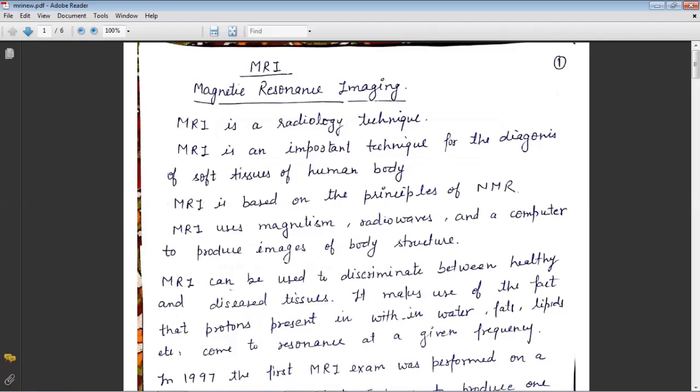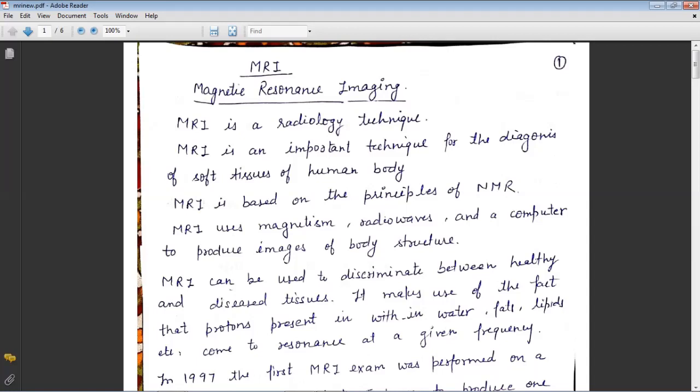I want to tell you that magnetic resonance imaging is part of the spectroscopic techniques, and now we are studying the spectroscopic techniques. In this series, firstly we introduced the basics of spectroscopy, and after that we discussed ultraviolet spectroscopy, then IR spectroscopy, then NMR spectroscopy, and we have already discussed flame photometry also.